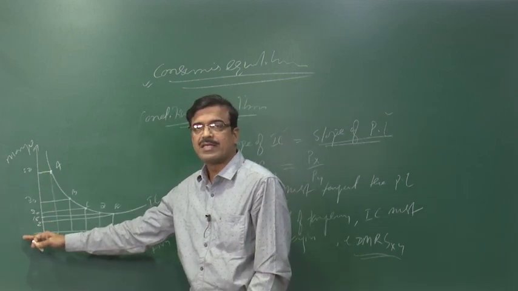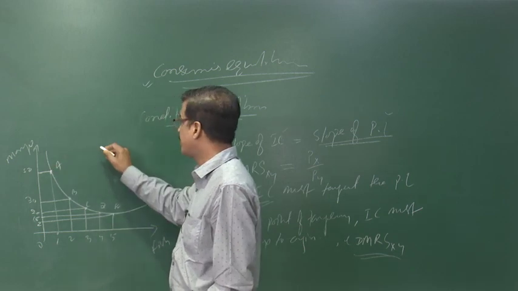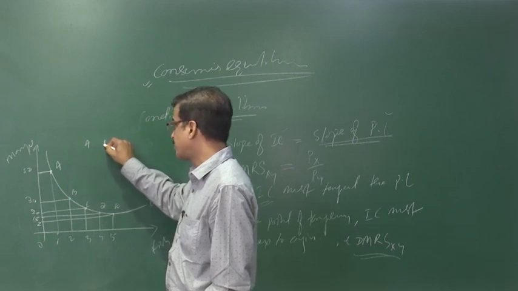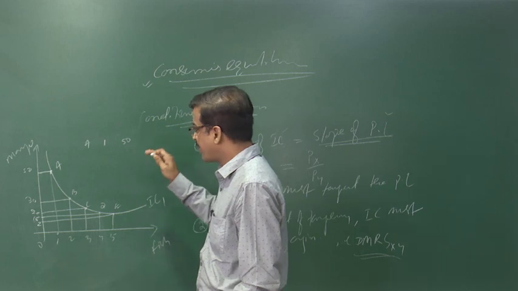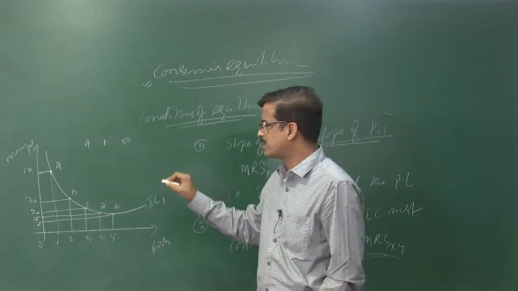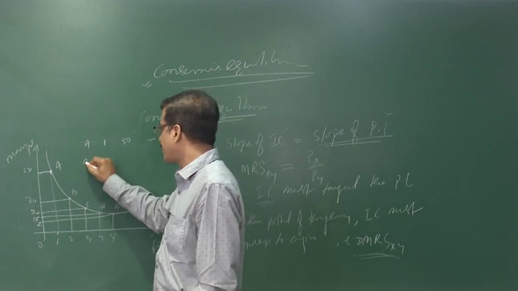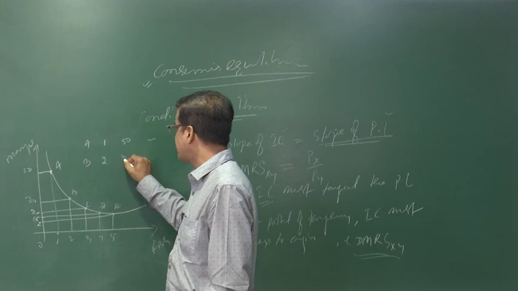Initially, at point A, let us prepare the table here. At A we purchase 1 unit of x, that is 1 fish, and 50 mango. It provides us a certain amount of satisfaction. The same thing at point B, that means 2 units of x, the fish, and 30 units of mango.